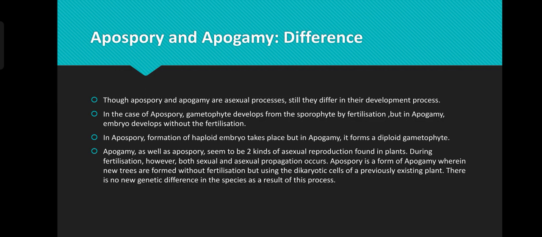Apospory and apogamy difference. Though apospory and apogamy are asexual processes, they still differ in the development process. In the case of apospory, the gametophyte develops from the sporophyte without fertilization, but in apogamy, the embryo develops without fertilization.